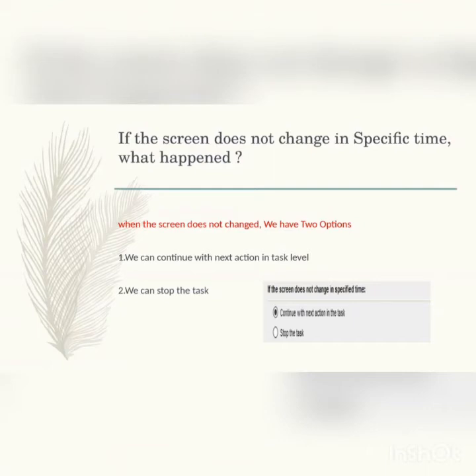So you have to mention how much time you have to wait for the screen, how much time you have to wait for the window. You have to mention this before completing the attribute selection of Wait for Screen Change. That is the main thing.